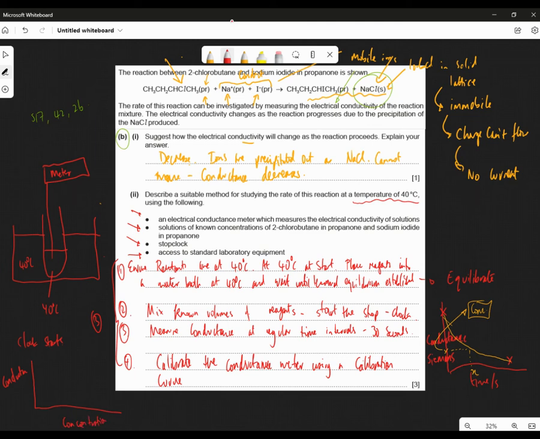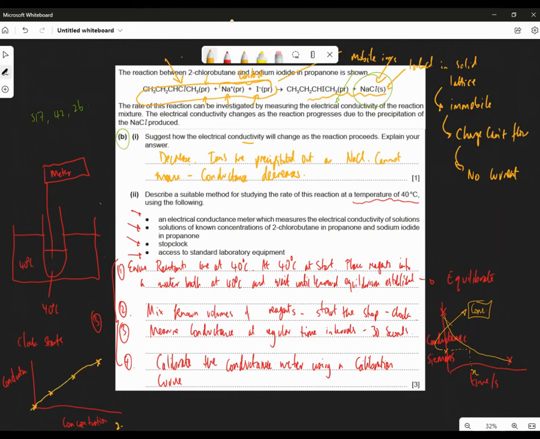All right, and what you do is you start off at a high concentration or a low concentration in this case. So you start off here and the conductance will be low. At low concentration, it's going to be 0, and then it's going to go up like this. This is what's called a calibration curve. So you have different concentrations of the reaction mixture, this stuff here, and then you draw a calibration curve.